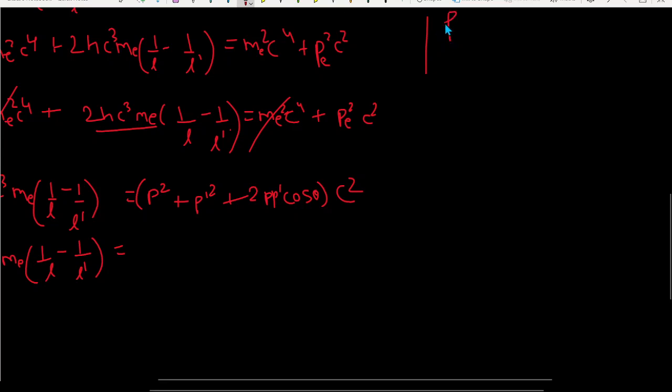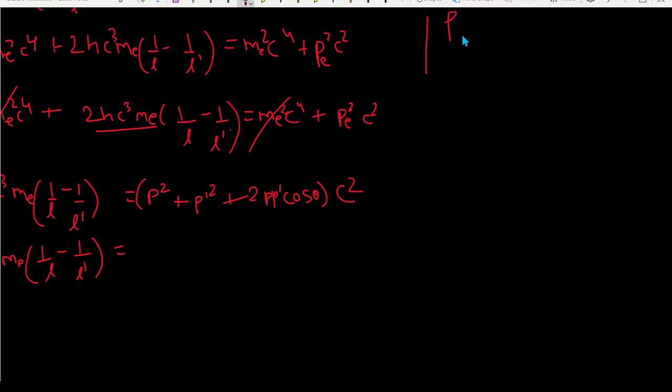So momentum of the photon is equal to the energy divided by c, and the energy is h mu. Let's put down the value here, so it becomes h square mu square divided by c square plus h square mu square divided by c square.